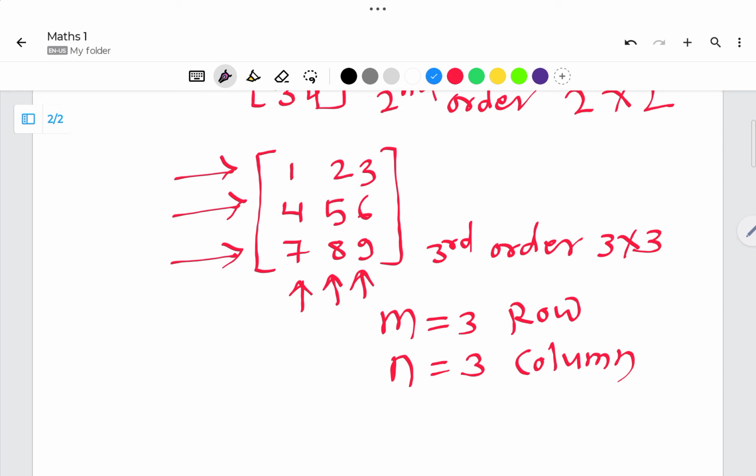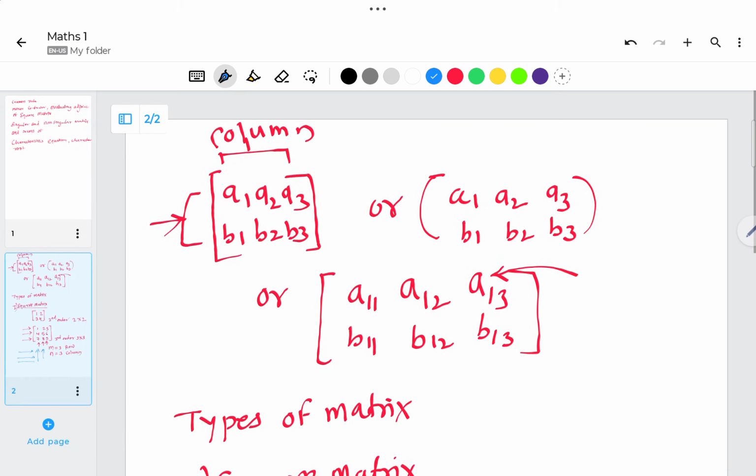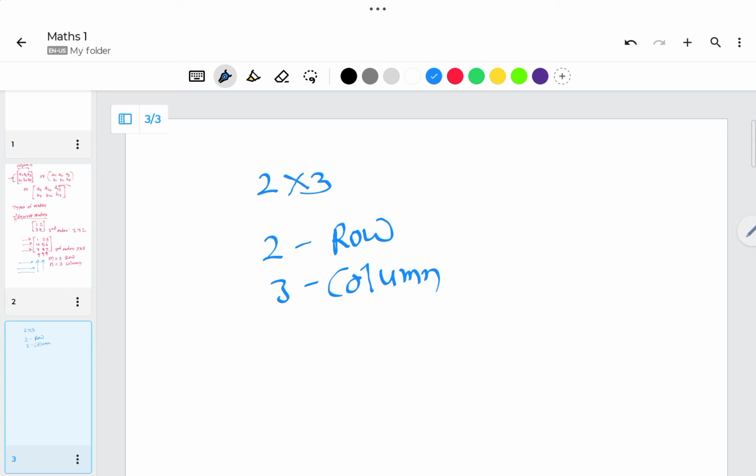It can be written in both ways. So you have to remember row and column. Column means vertical, whatever is vertical is called a column, and whatever is horizontal is called a row. Suppose I write 2 into 3, it means 2 rows and 3 columns.